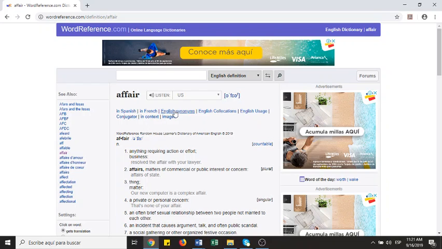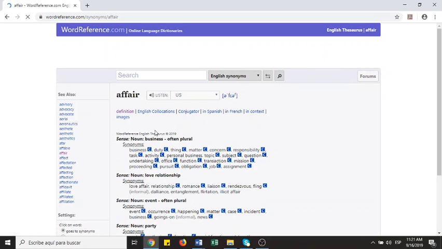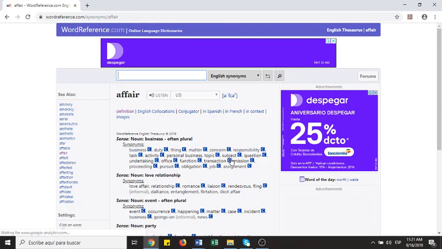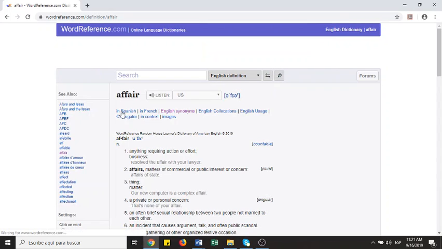I go for synonyms, and in synonyms we're going to find business, duty, things, matters, concern, responsibilities. You can use one or two synonyms to bring into class, right? Usually it's things, business, the Indian things, the situations with the Indians, right?